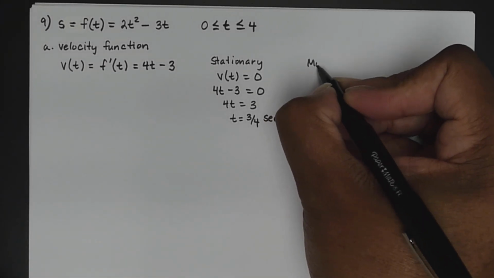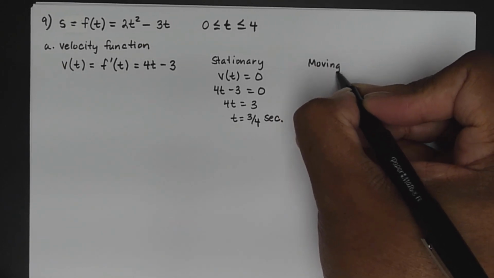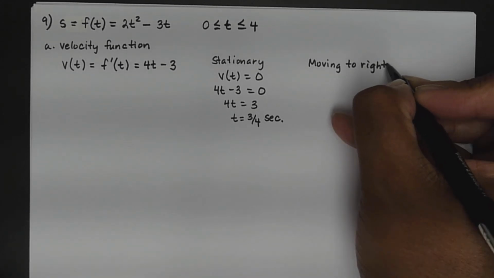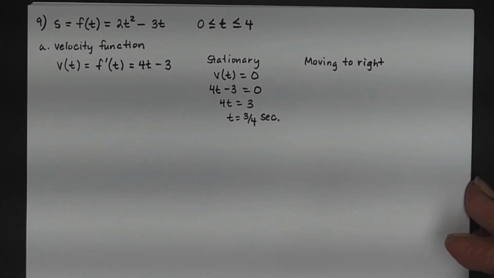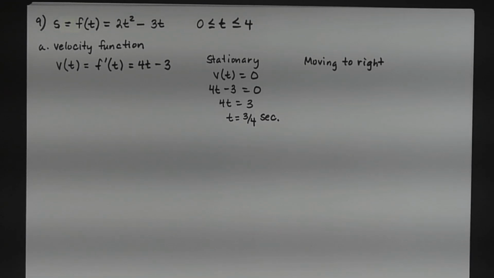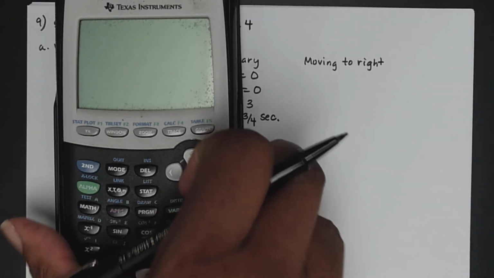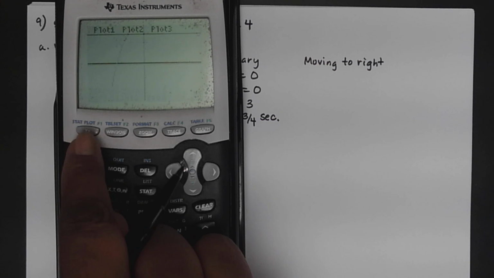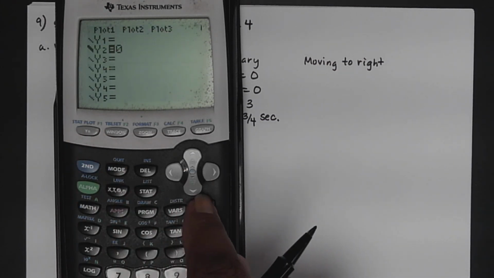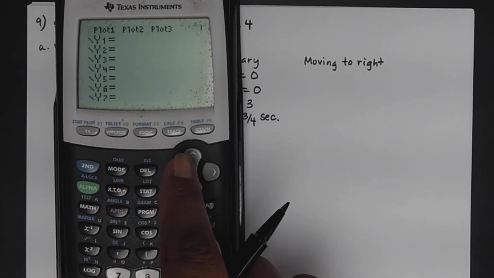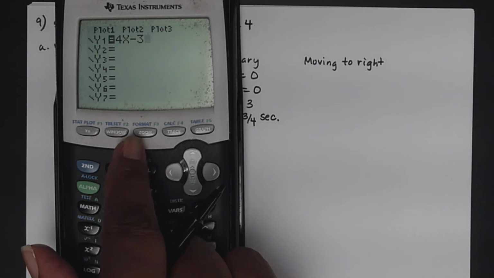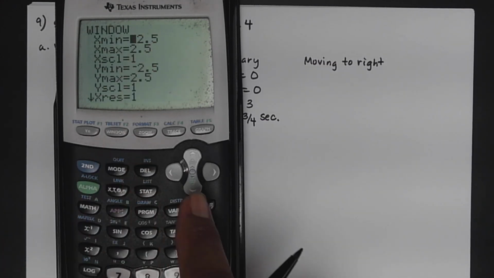Now, let's find the intervals where the object is moving to the right. We got 4t minus 3, so what I'm going to do here is clear these equations out. I'm going to put 4t minus 3 in the calculator for y, and we're going from 0 to 4, so let's do this.